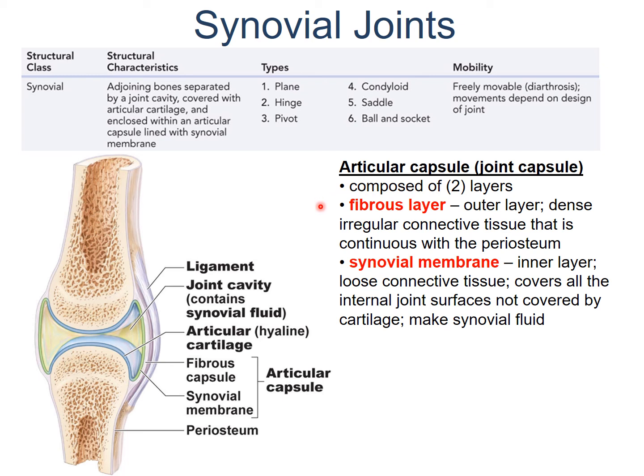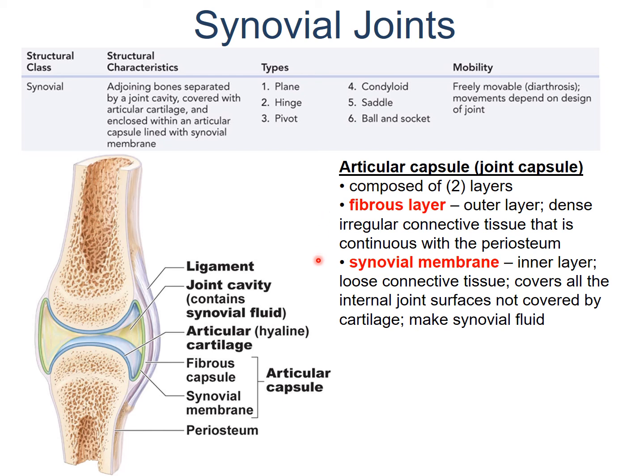The first layer is the fibrous layer. The fibrous layer is the same thing as the fibrous capsule. Those are 2 terms for the same thing. So on exam 3, you could label this fibrous capsule, or you could label it fibrous layer, and it would be fine either way. All right, it's the outer layer of the articular capsule, and it is composed of dense, irregular connective tissue that is continuous with the periosteum, and that should make sense.